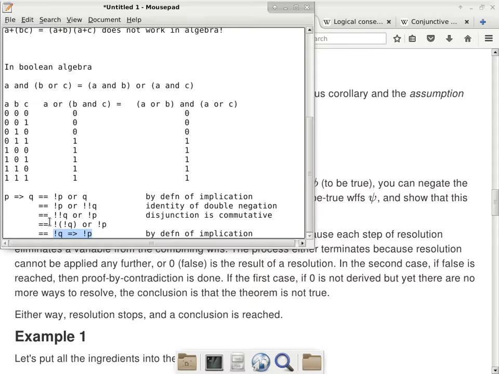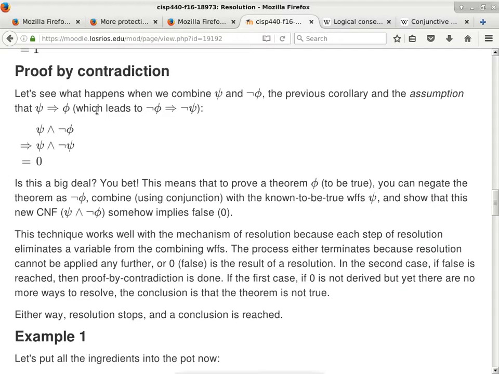Okay, but this alone by itself is not proof by contradiction. It gives us one of the components, one of the pieces, so that we can use proof by contradiction. So getting back to here, remember what psi is? Psi is a CNF of everything that is known to be true, that is given to be true.